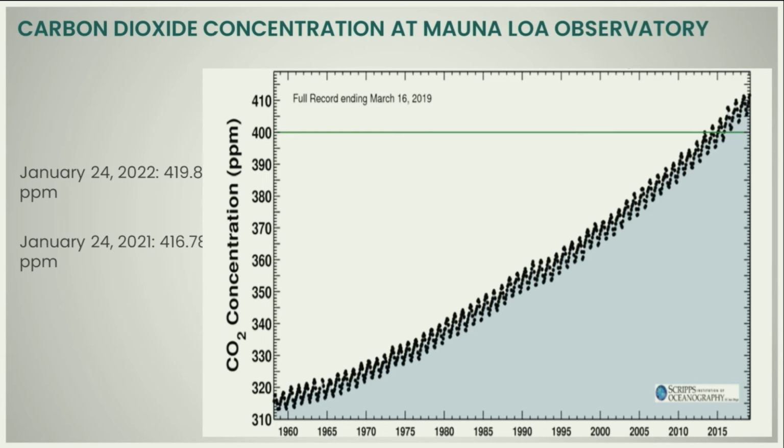And these are measurements that I wrote down from Mauna Loa yesterday. On January the 24th, it was 419, which means it's up here. And exactly a year ago, it was 416. So the carbon dioxide level is increasing now at about 3 parts per million per year.